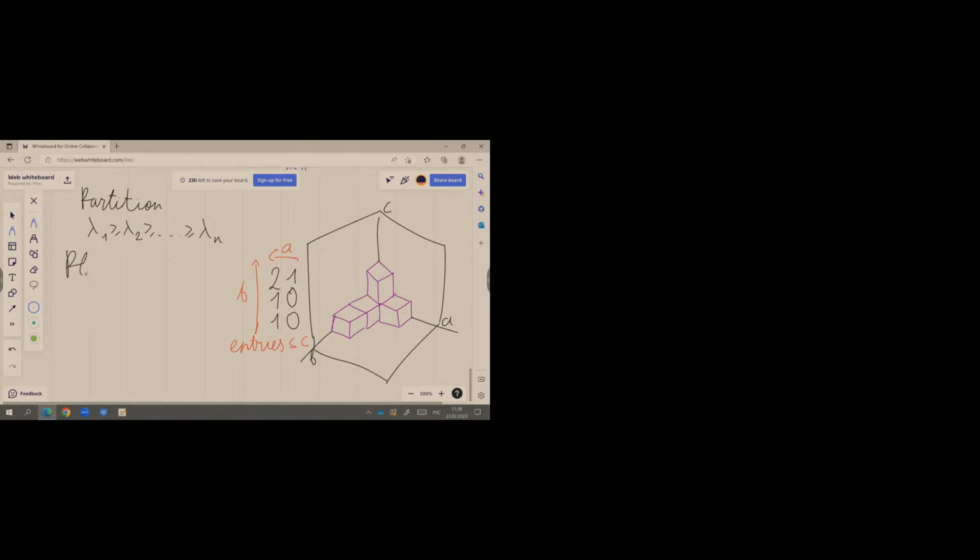And a plane partition is a table of non-increasing numbers, lambda 11, lambda 1b, lambda a1, lambda ab.